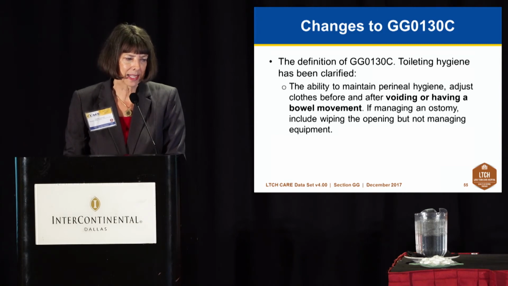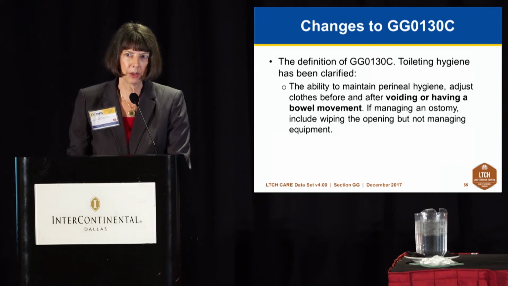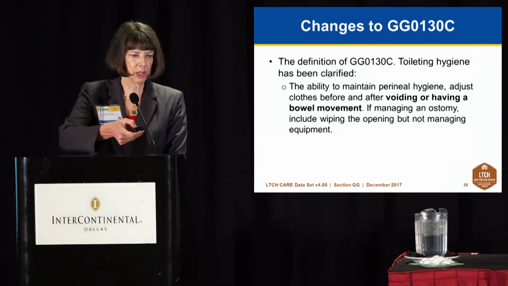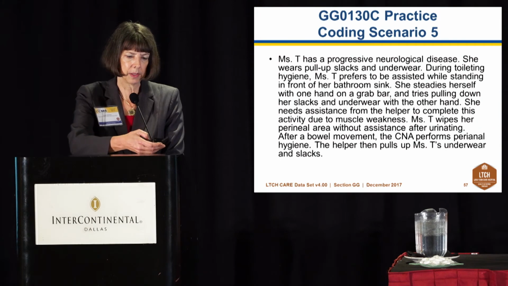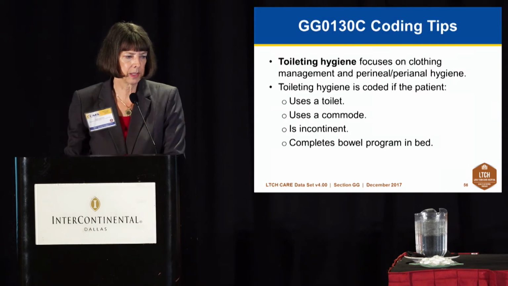If managing an ostomy, include wiping the opening but not managing the equipment. So this is an important distinction in terms of the types of activities that we want to look at.